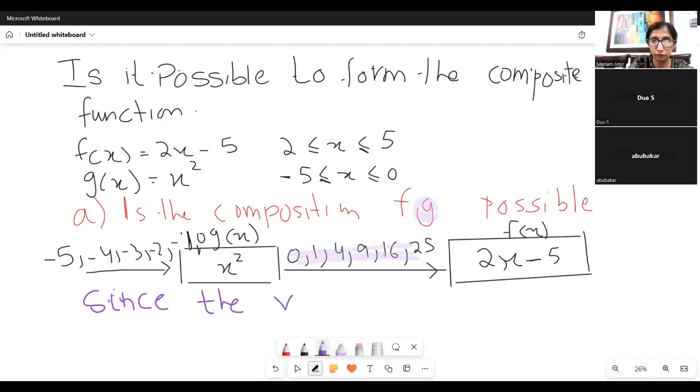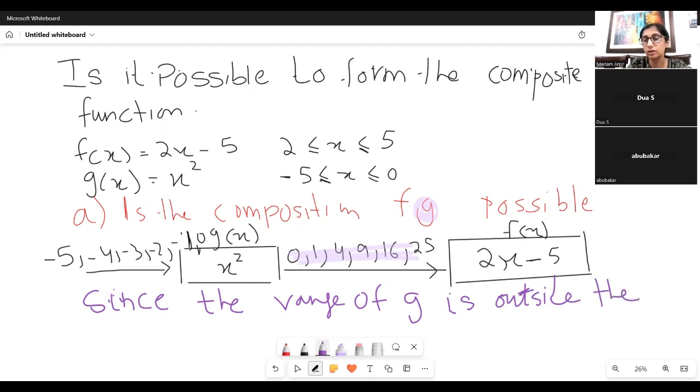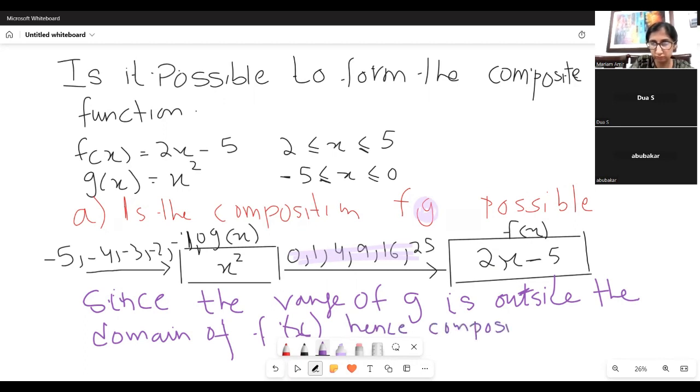Since the range of g is partially outside the domain input values of f(x), hence the composition fg is not possible.